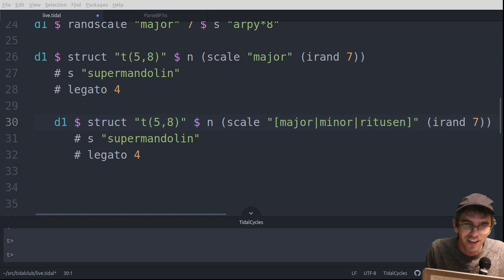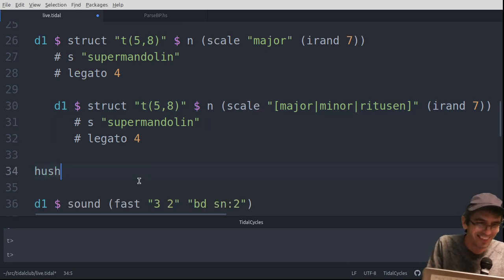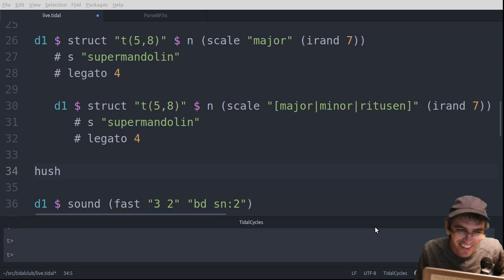Hang on. Okay. Look up. I've declared that function. I can't see where you've declared that function. I'm confused.